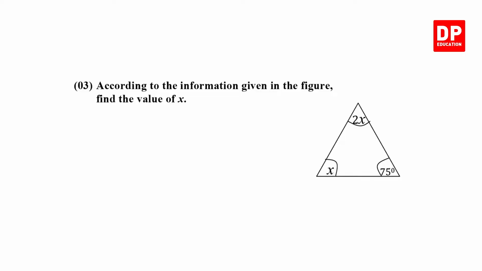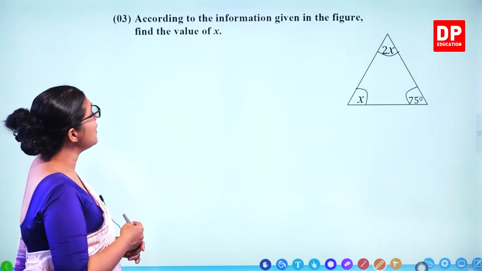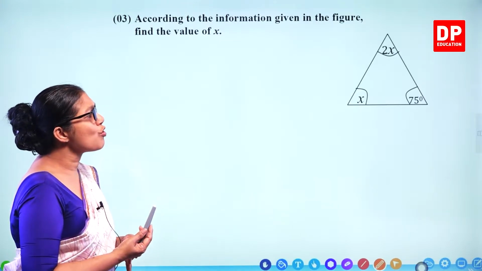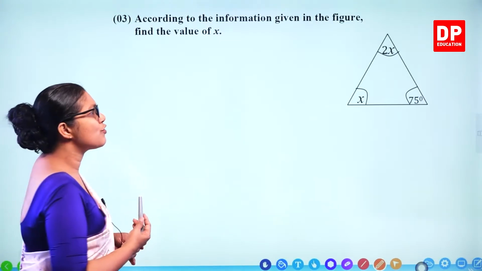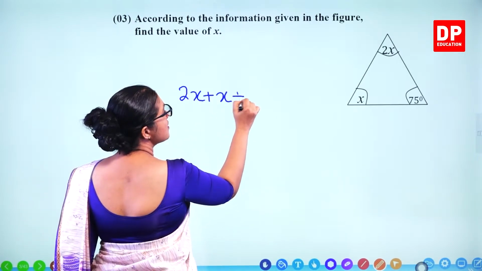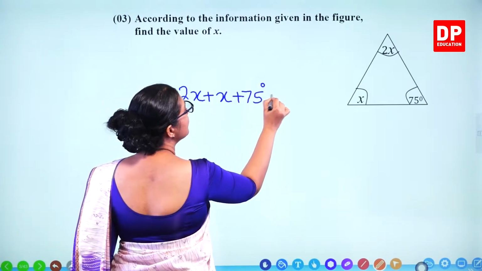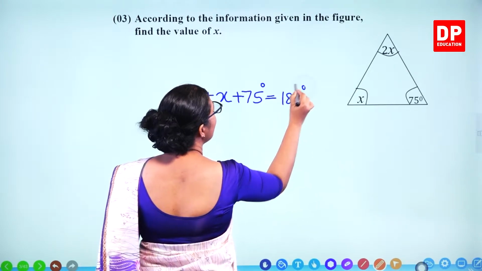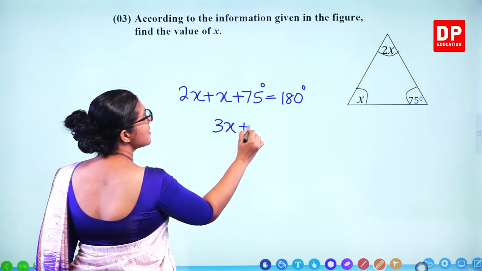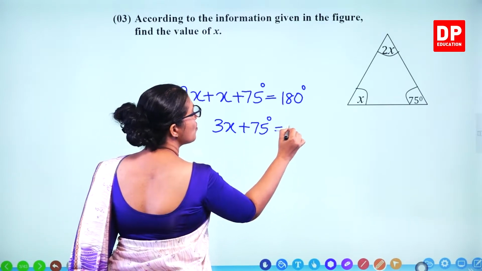Question number 3. According to the information given in the figure, find the value of x. So angles in a triangle, the sum of angles in a triangle add up to 180. You can find x easily. 3x plus 75 is equal to 180.